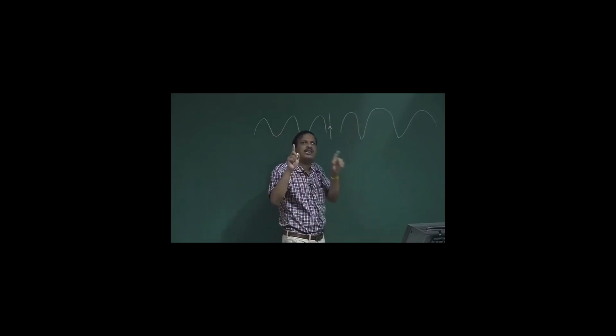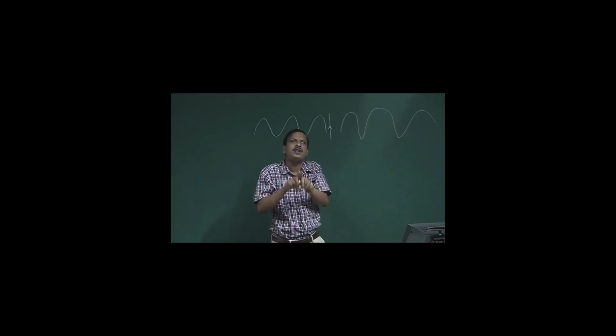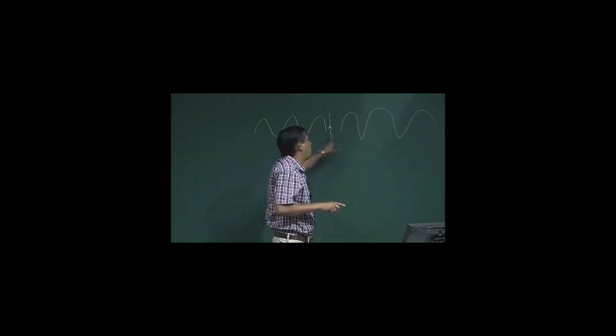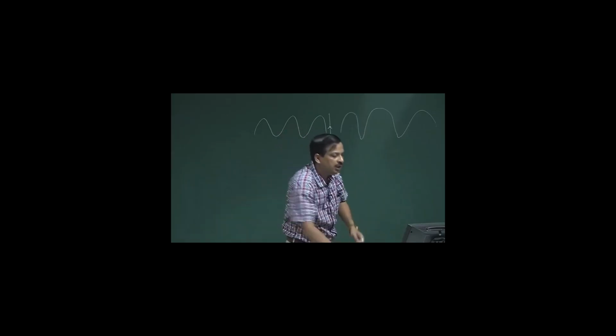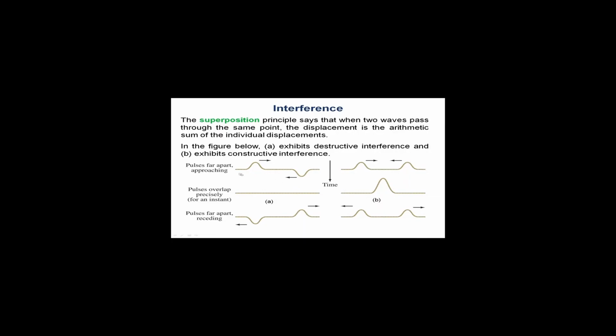That sum is the resultant displacement at the point of interaction. If you see the figure, let one wave go in this direction and another wave, with negative phase, go in the reverse direction.